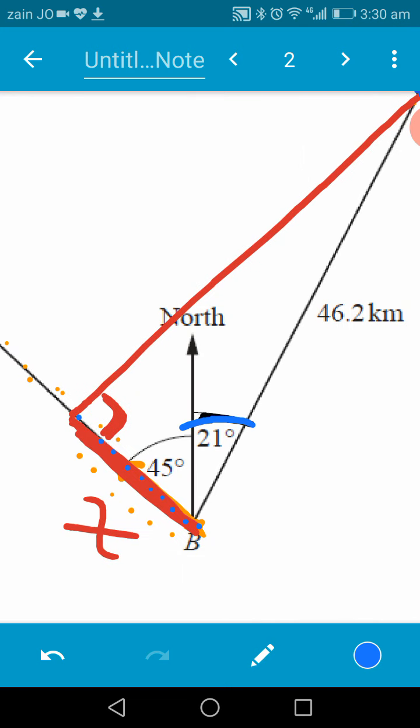Now this angle: add 21 plus 41 plus 45, sorry, that gives you 66. So this is 66.